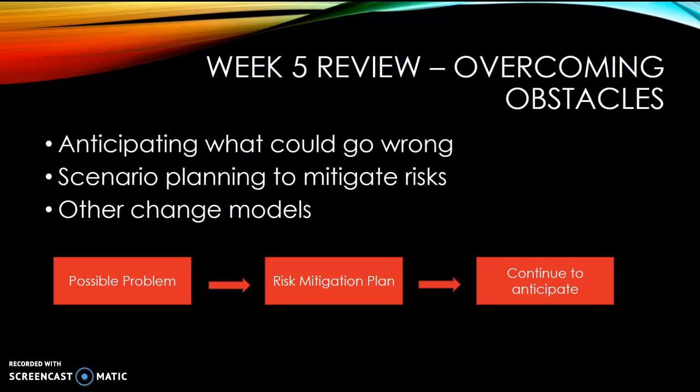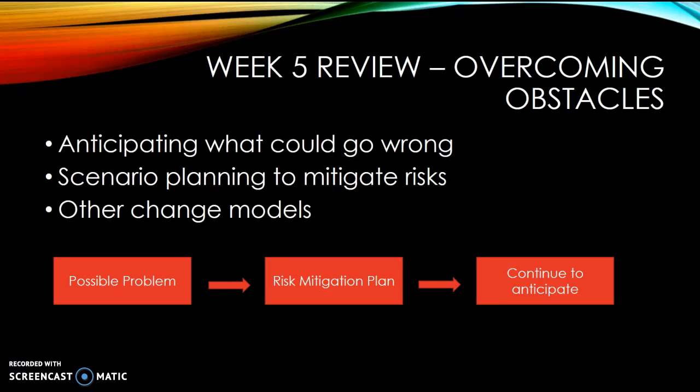Once you've identified a potential obstacle or barrier, then you have to put together a plan to mitigate that risk, because you don't want that to derail your change project as you're going through it. I always recommend that anyone who is leading any change takes a look at doing this at the front end of the change process.